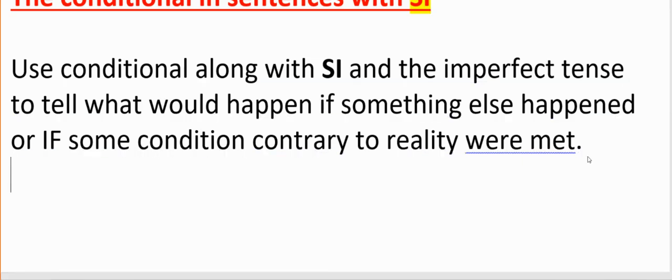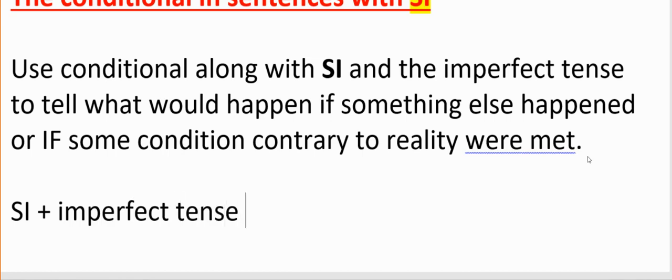So basically, you'll be like si, okay, plus imperfect tense, and then conditional, right? Si, imperfect, then conditional.